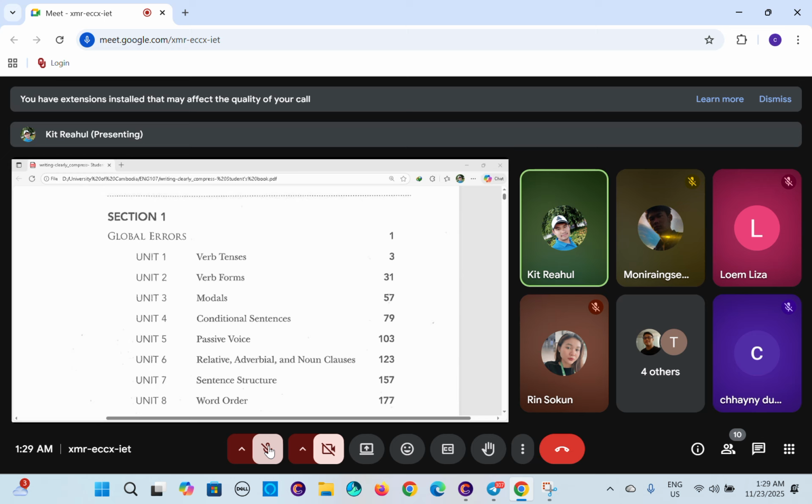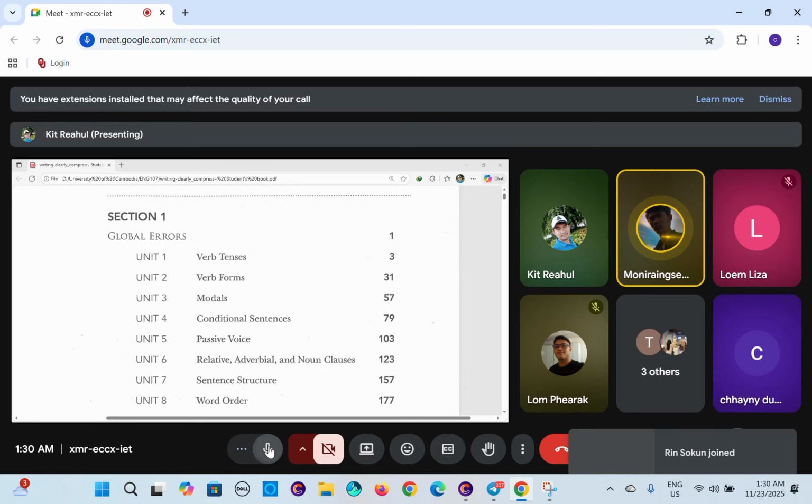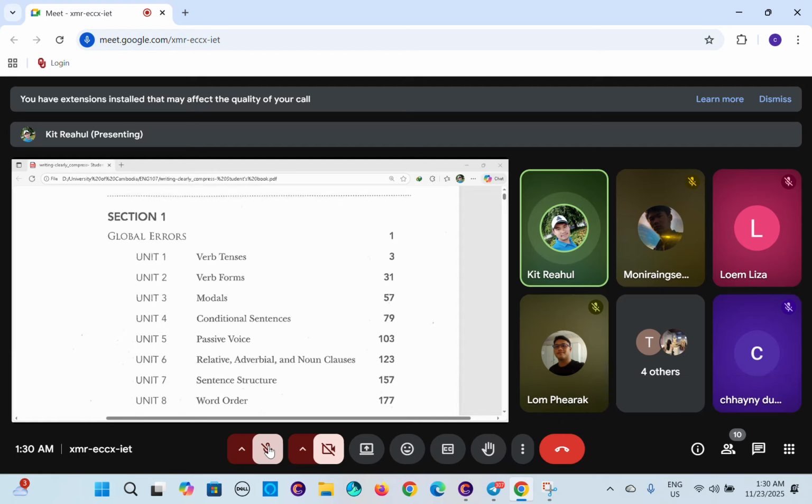Before, right? And how about continuous? In progress, teacher. Yeah, continuous means in progress, and perfect means before. And when we combine these two terms together, when do we use perfect continuous?